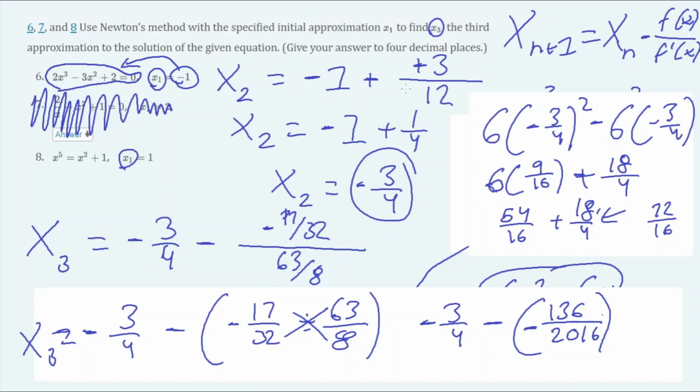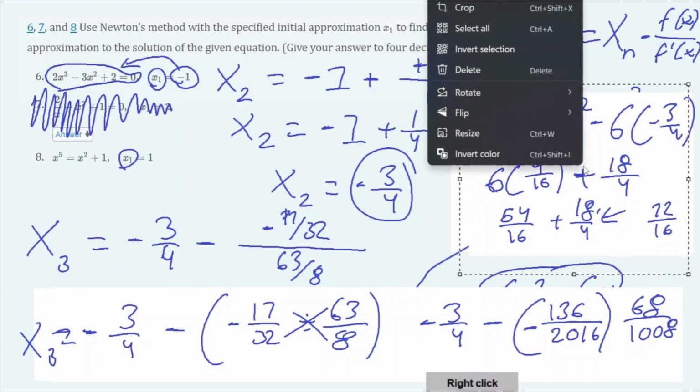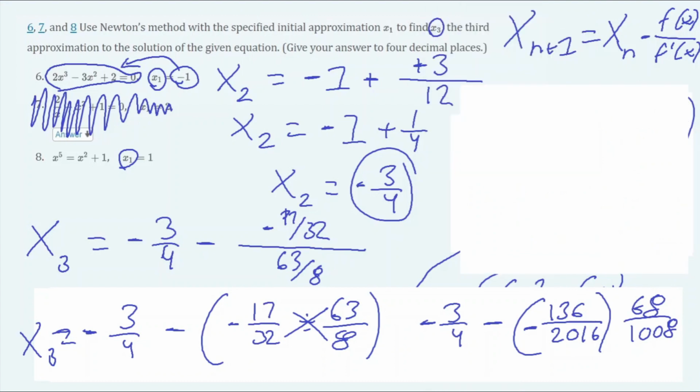And now we could also simplify that. That would be 68 over 1008. And if we simplify that one more time, we could do that real quick. So we would have, I believe, 34 over 504.